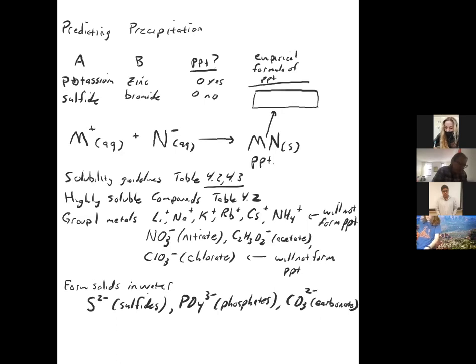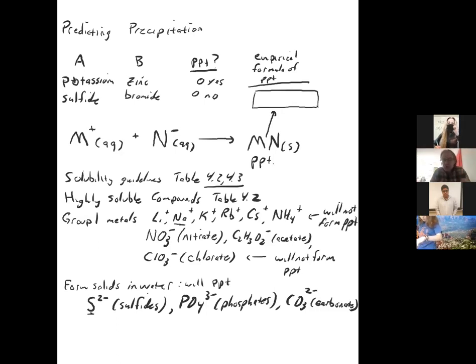Okay. So these ones, they will precipitate. Now here's what happens. You may have a contradiction here, meaning I told you that sodium never precipitates, but sulfide always precipitates. What happens if the two are together? What if I have lithium sulfide? One precipitates, the other one doesn't. How does that work?